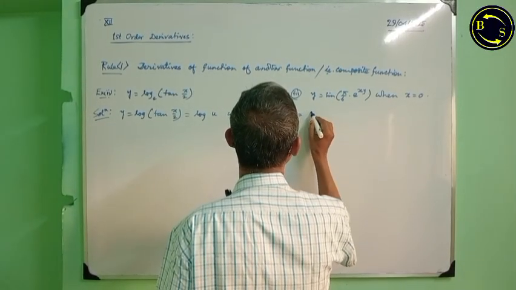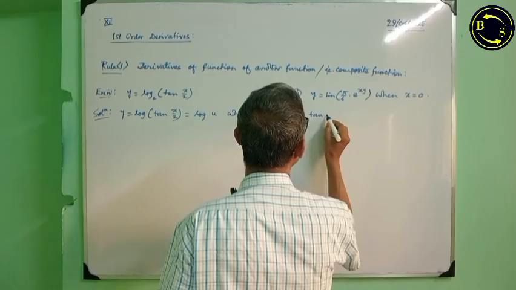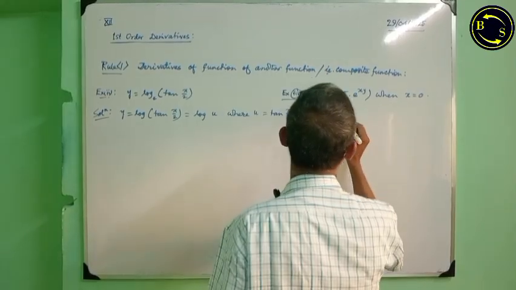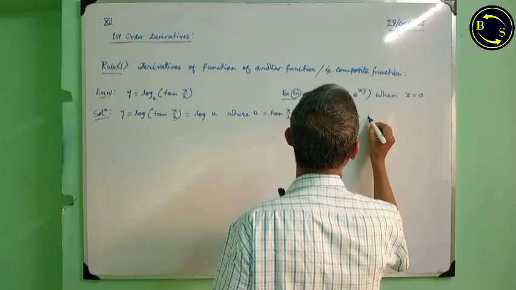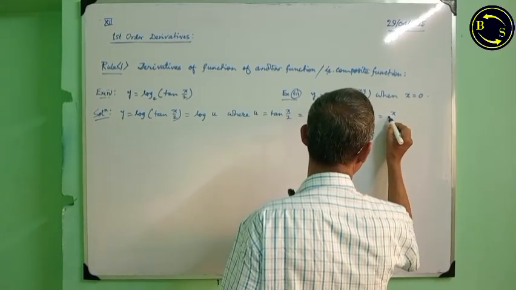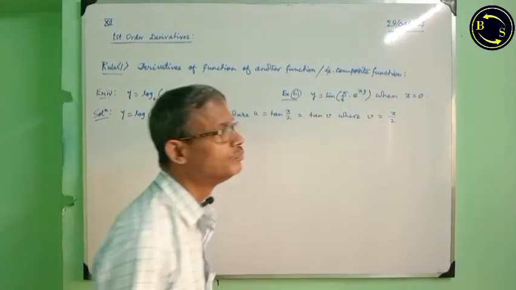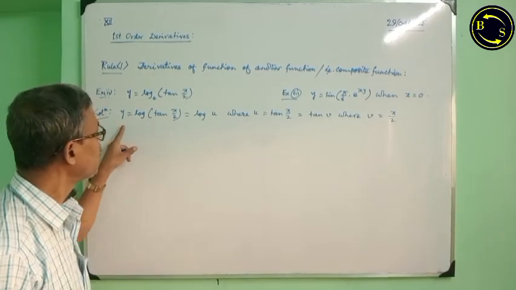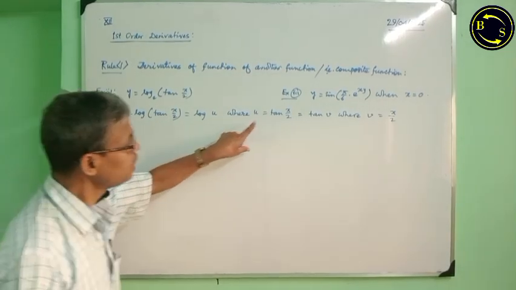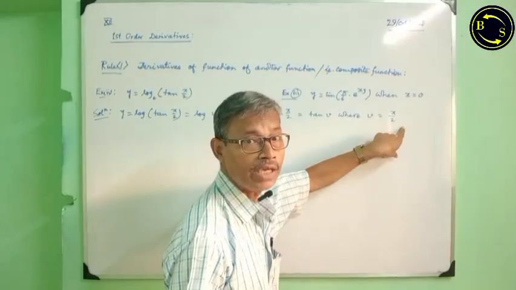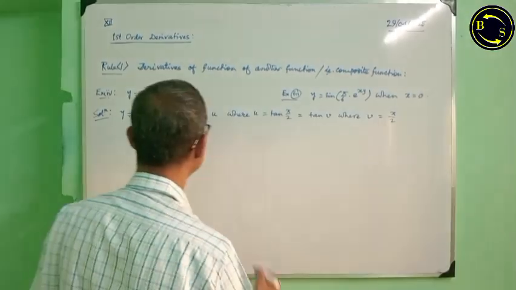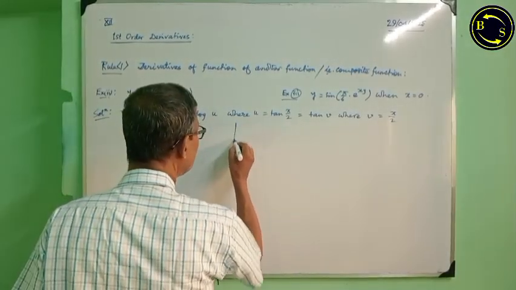Therefore we can take it as: y is a function of u, u is a function of v, v is a function of x. Therefore, we can use chain rule.